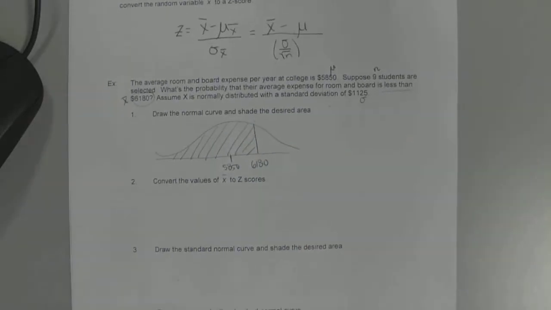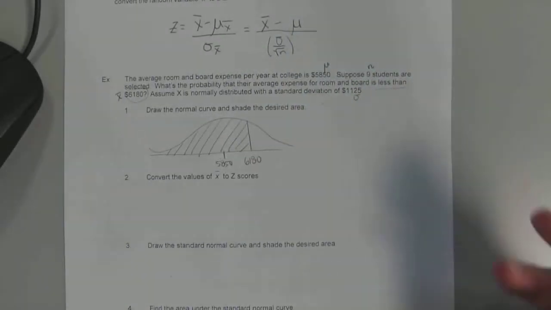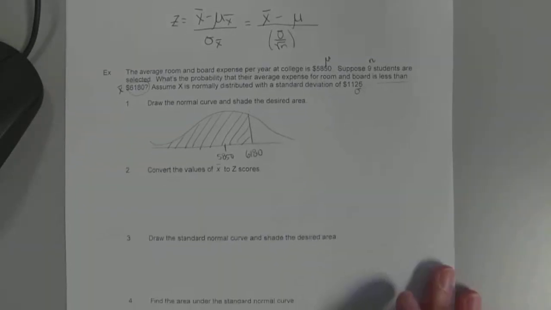So right off the bat, without even calculating, you can tell me if my probability is going to be less than 50% or more than 50%. More than. Why? I'm shading more than half the graph, right? 58.50 would be half the graph, but I'm over here and shading more than it. So we know we should get an answer more than 50%.